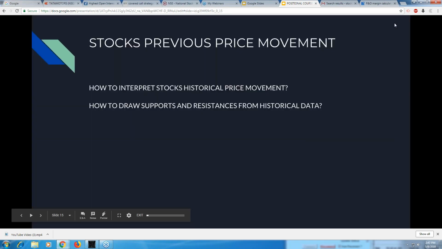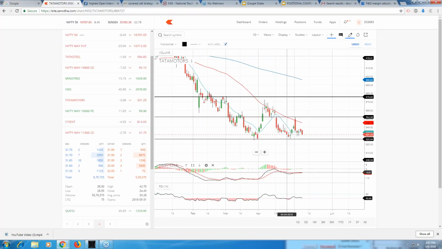Like that, if you have one stock each, you should know their historical data, and you should be able to draw the support and resistance, and figure out good trades from these supports and resistance levels. So hope I have made sense, and hope you all could understand what I'm trying to say, right? So with this, we'll go on to the next slide and understand what is happening next.